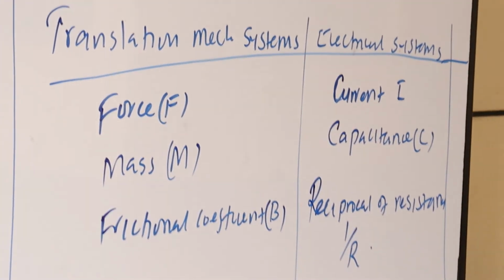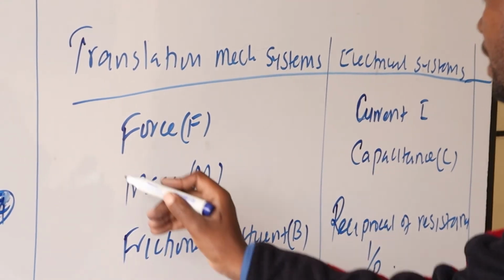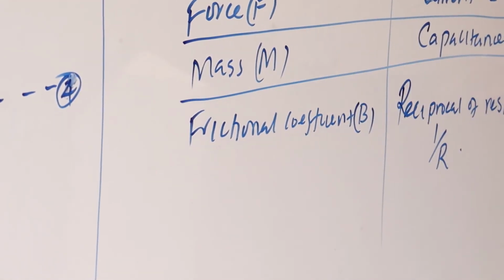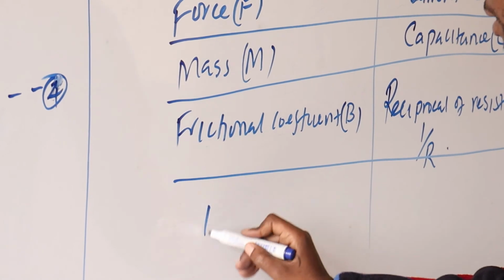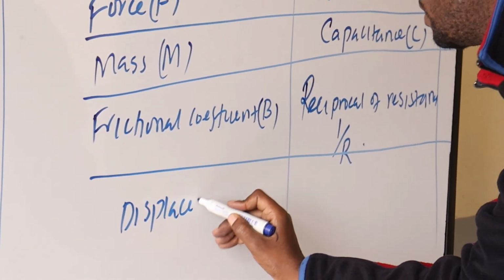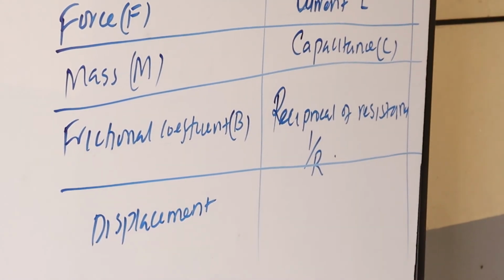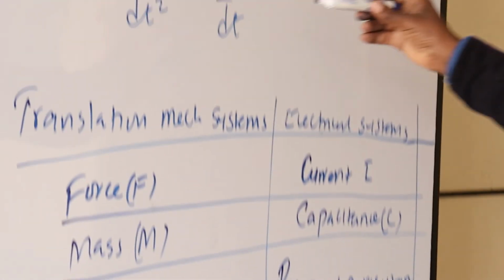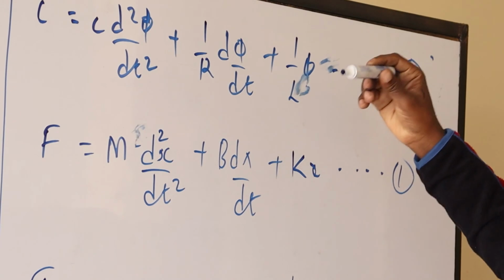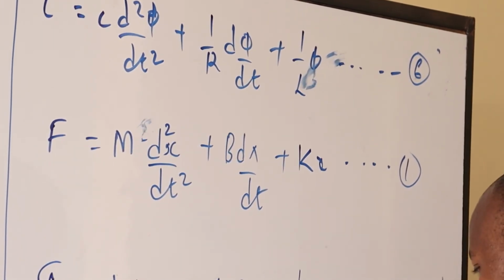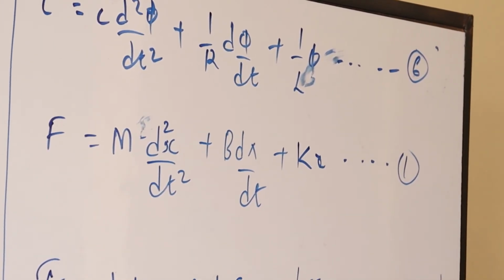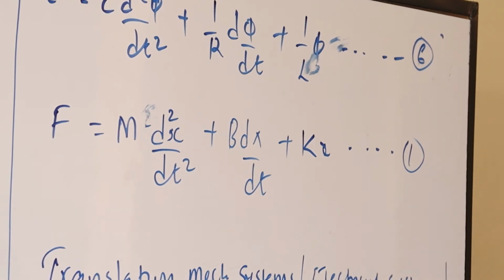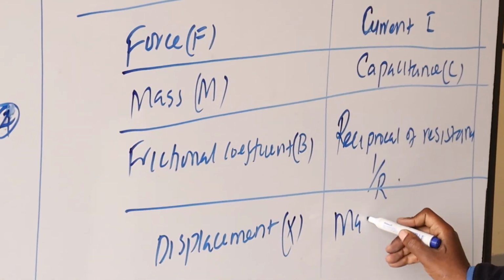And then we can talk of the displacement. The displacement in this case, we are talking of x, should be equivalent, looking at what is changing, x and phi. Displacement x will be equivalent to the magnetic flux, phi.